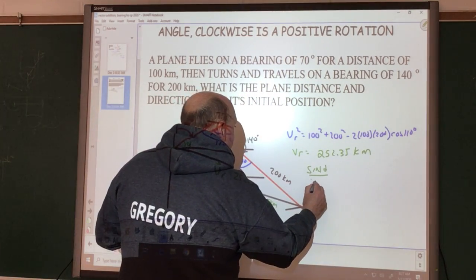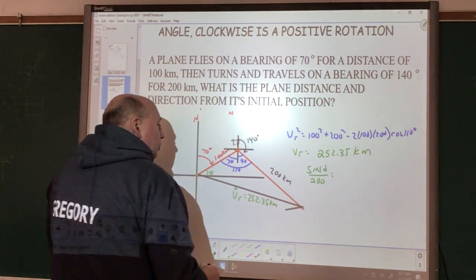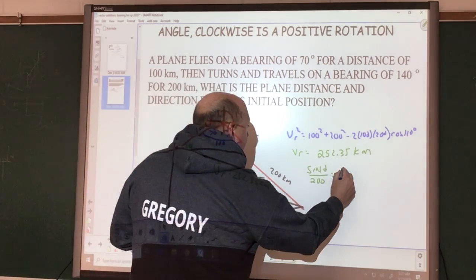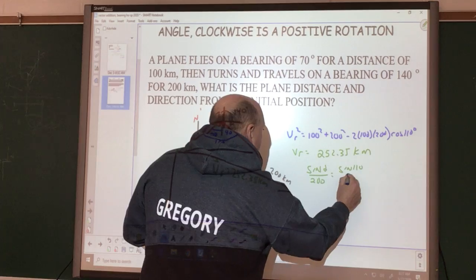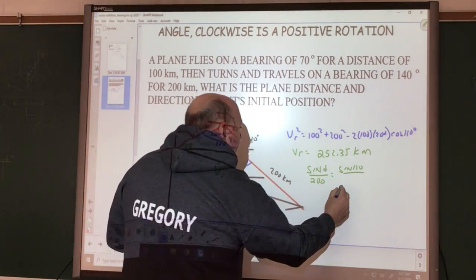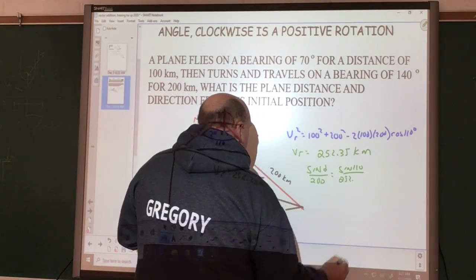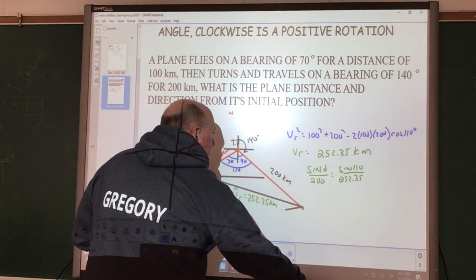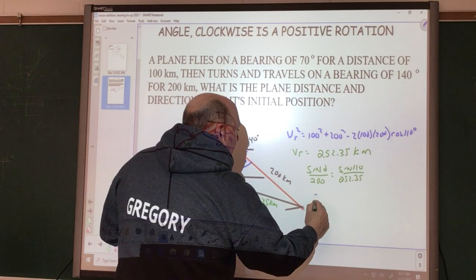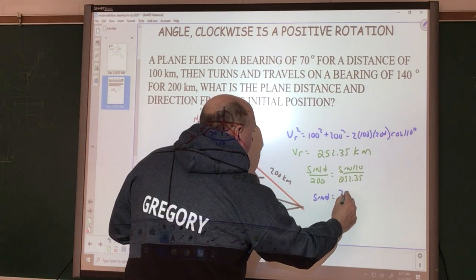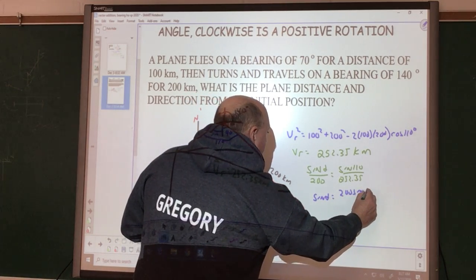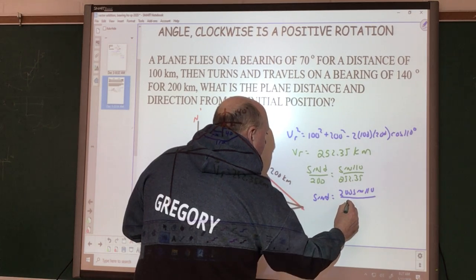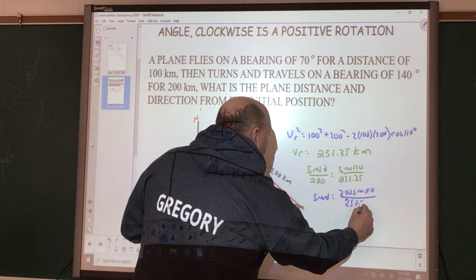Sine of alpha over 200 is equal to the sine of 110 over what I just found, 252.35. Cross multiplying, the sine of alpha is 200 sine of 110 over 252.35.